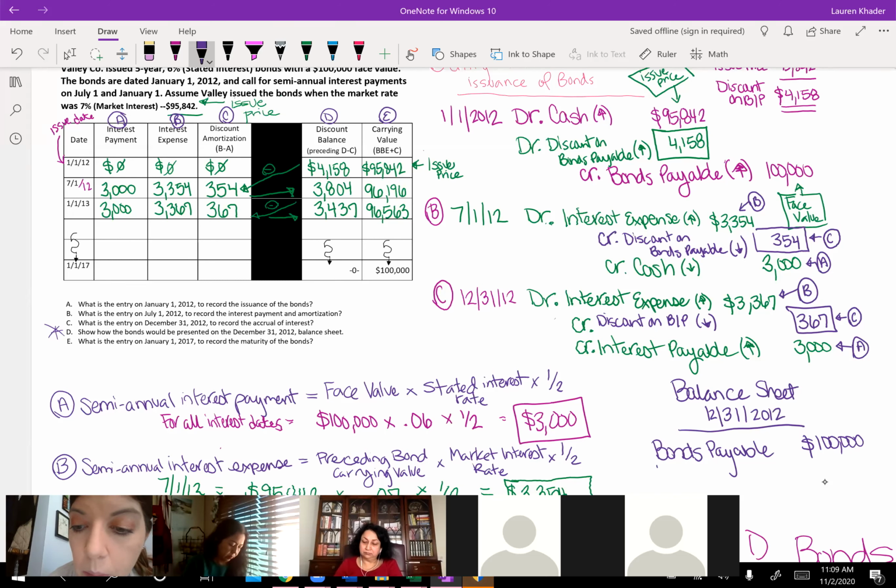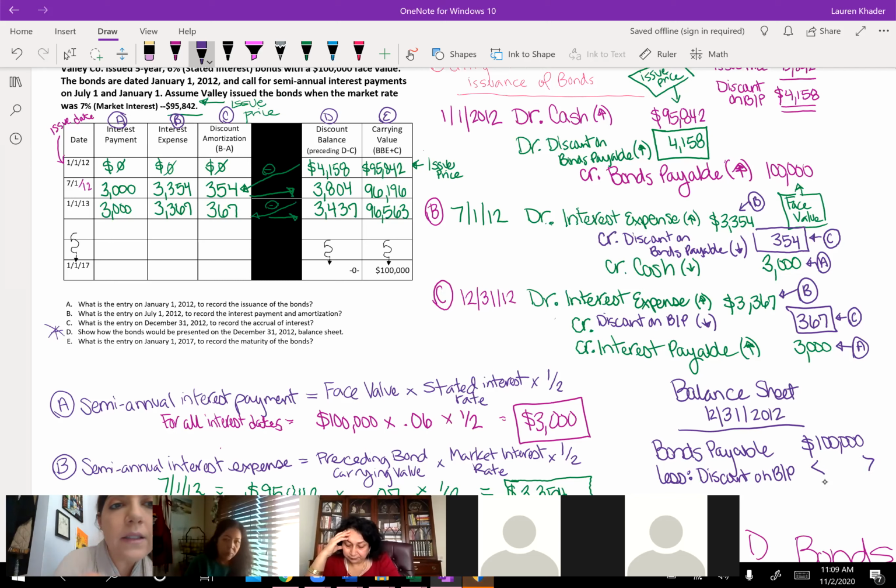The discount on bonds payable is a contra liability account. So we subtract the discount. And this is the discount balance as of December 31st, $3,437.